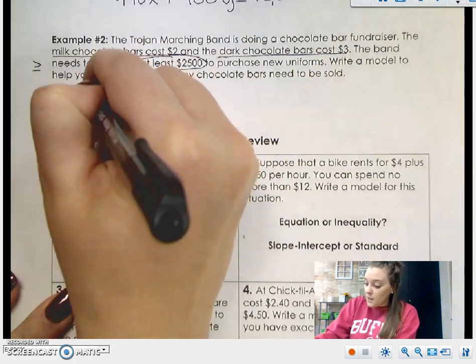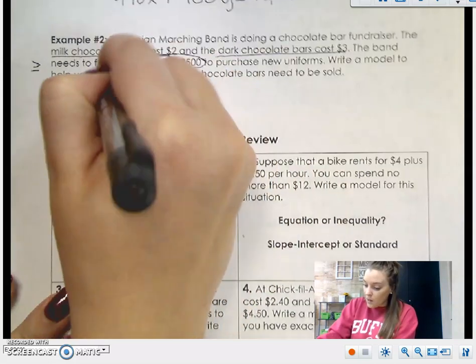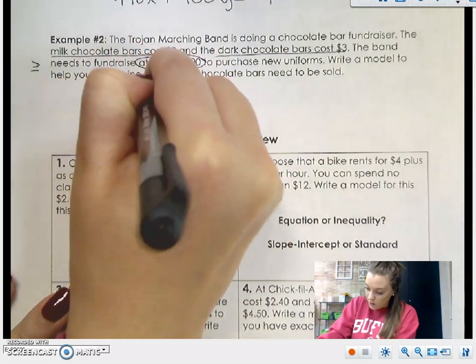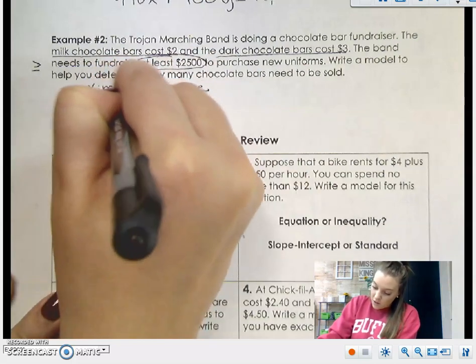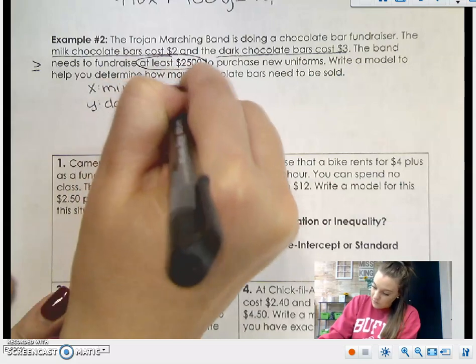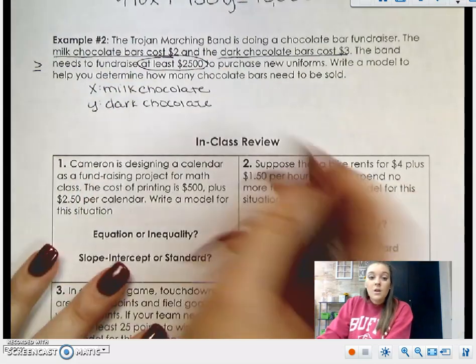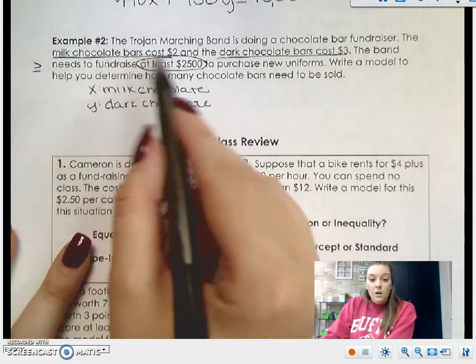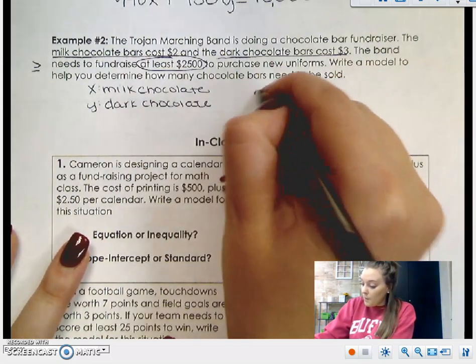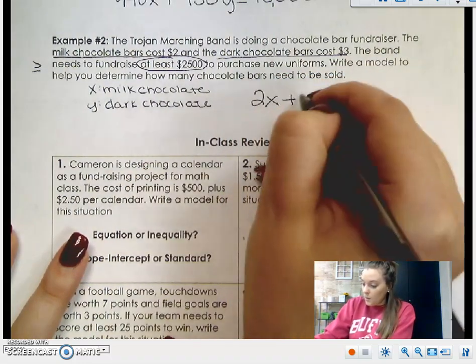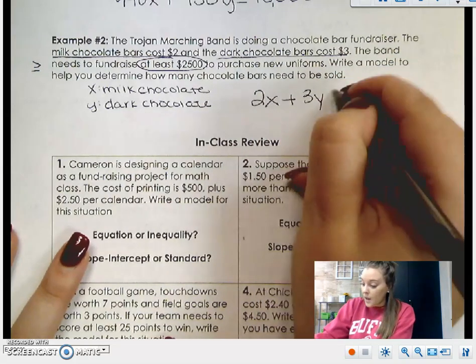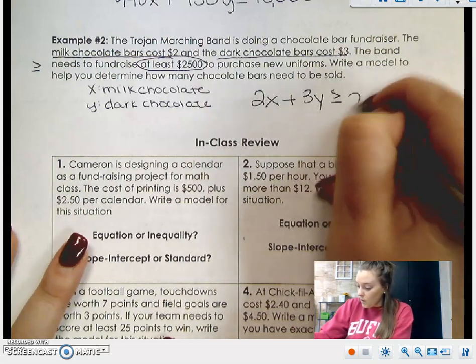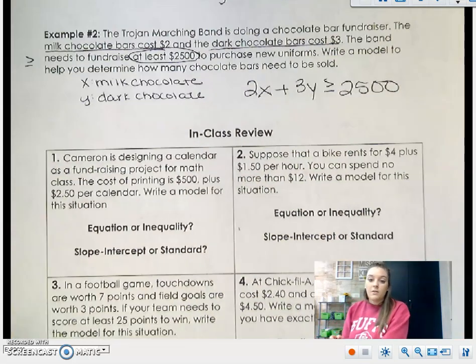So let's annotate our variables. So for X, we're going to say that's milk chocolate bars, or milk chocolate. And Y is going to be dark chocolate. So the milk chocolate bars are $2 each, so I'm going to have 2X plus the dark chocolate bars are $3 each, 3Y, has to be greater than or equal to $2,500.